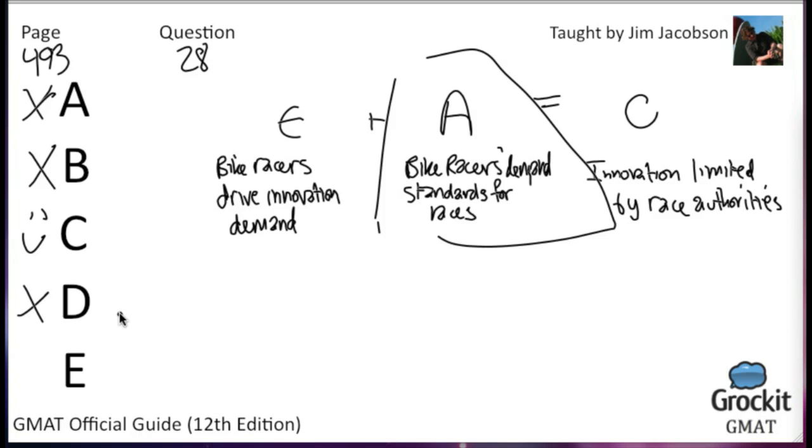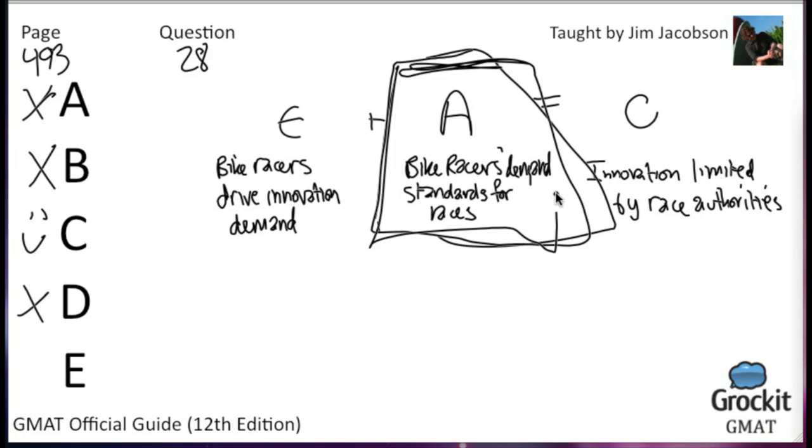And choice E, the authorities who set standards for high-performance bicycle racing do not keep informed about innovative bicycle design. So even if true, that's still not the assumption that the author is making, because it doesn't matter whether they keep informed or not. Whatever the things that are accepted as standard for bicycle races, whether it's on a well-informed basis or not, that's what the author is saying that bike racers' demand is based on.